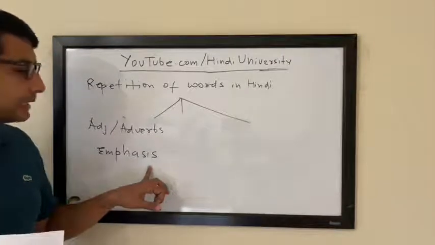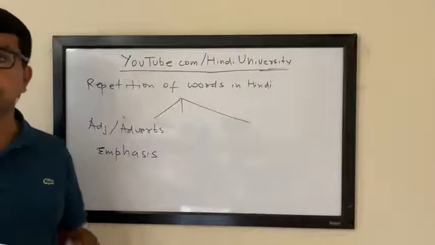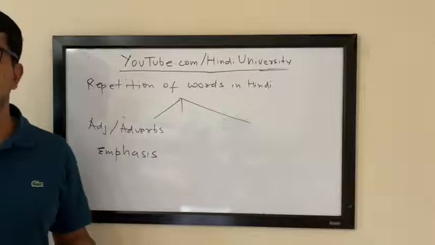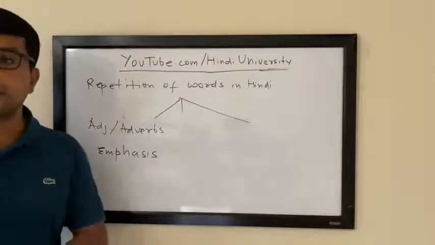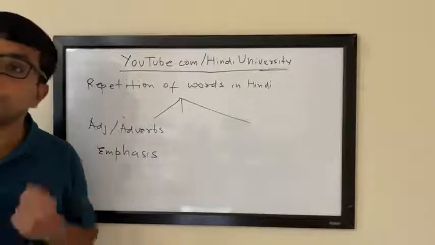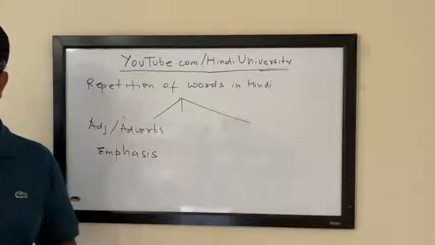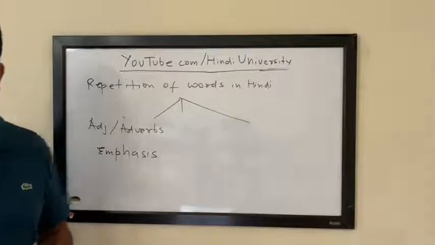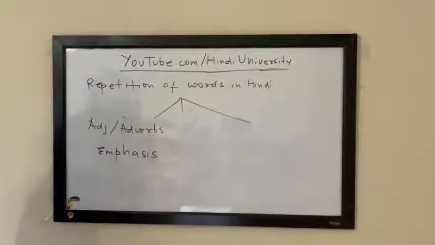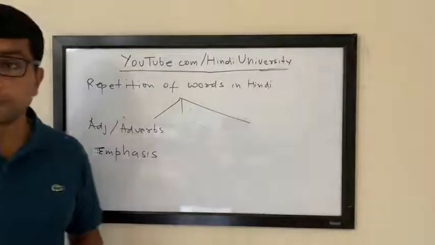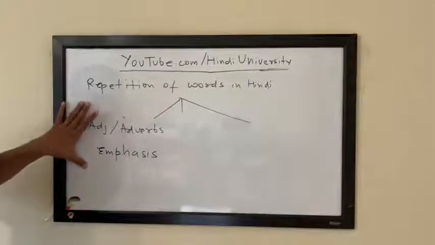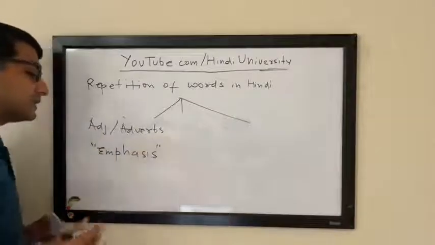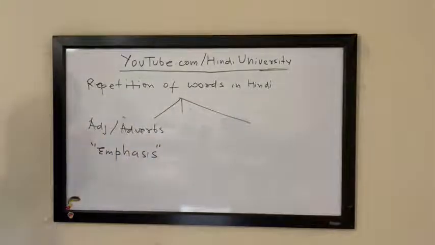It means the speaker is trying to emphasize the weight behind those adjectives and adverbs. For example, jaldi jaldi chalo, walk fast, otherwise we will miss the train or something like that, right? Or dheere dheere bolo. We'll cover a good number of examples, but the goal here is emphasizing the adjectives and adverbs.